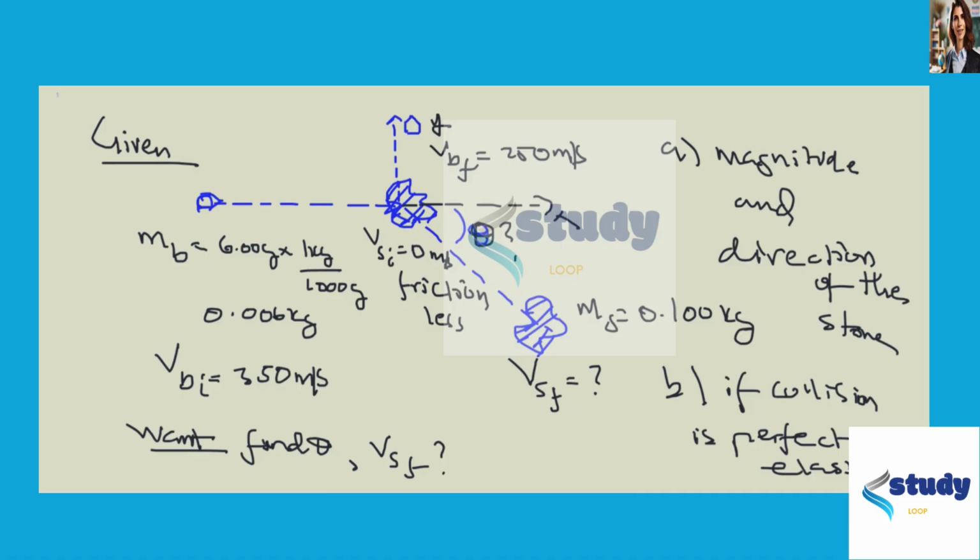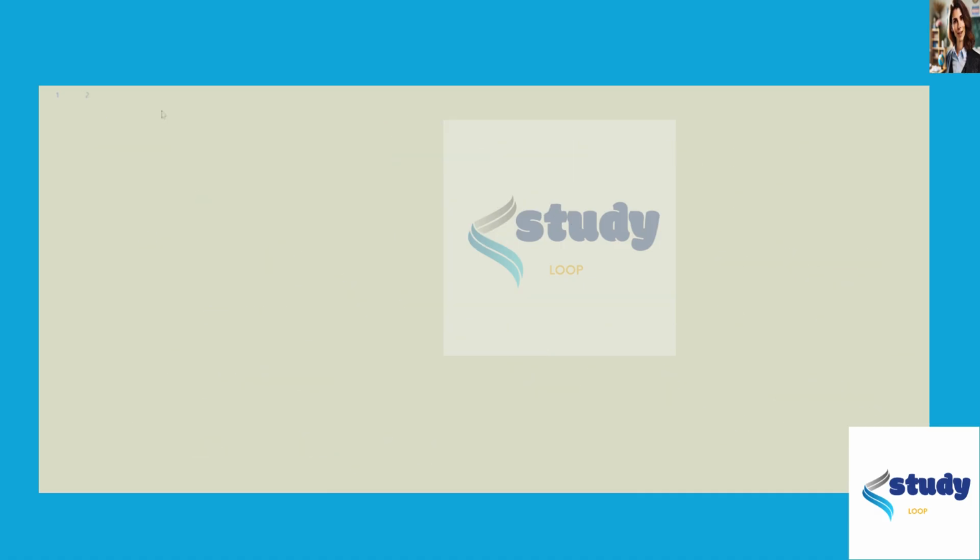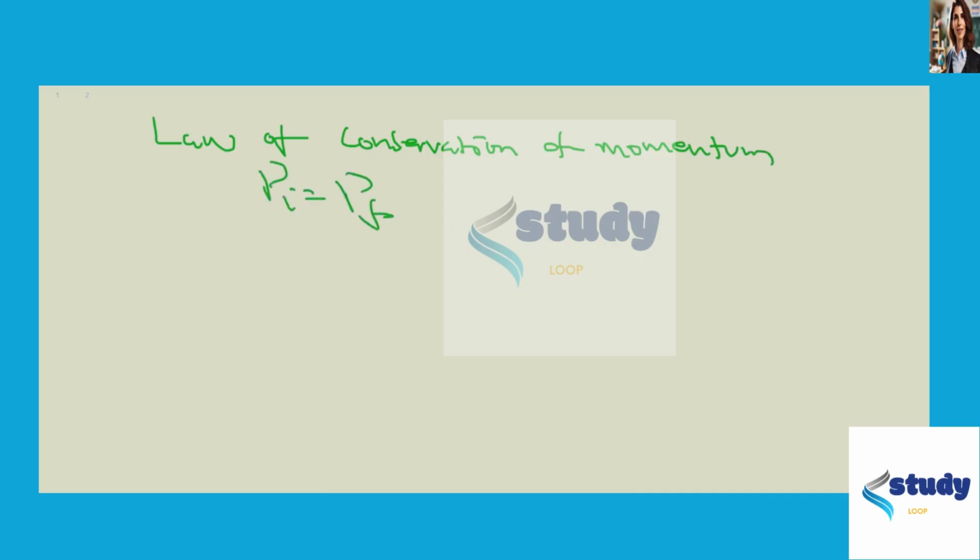In the next page, we're going to use the law of conservation of momentum, and that's going to help us find the final velocity of the stone. The law of conservation of momentum says that initial momentum is exactly the same as the final momentum. So I'll say P initial equals P final.